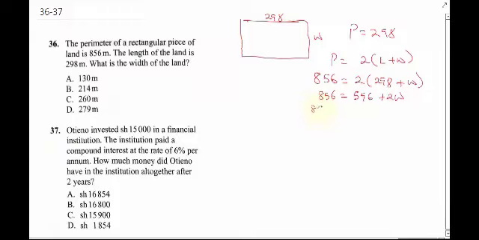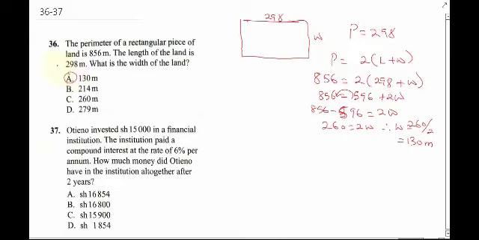This will be 856, and this coming over becomes minus 596, is equal to 2W. So this subtract this is going to give me 260 is equal to 2W. Therefore, my width will be 260 divided by 2, and that's going to give me 130 meters. So my correct answer here is going to be A.